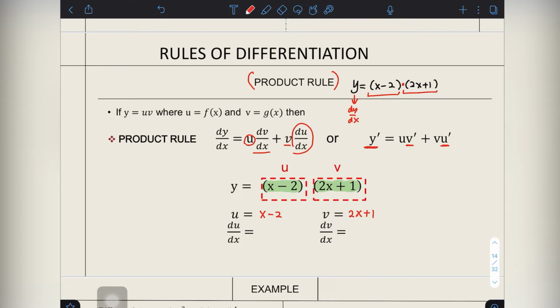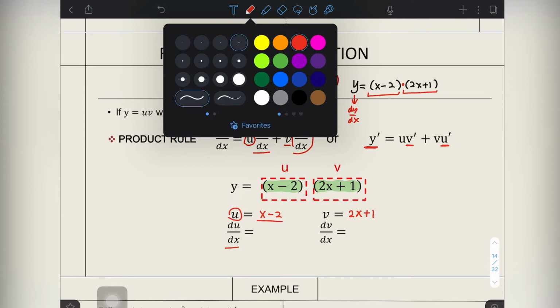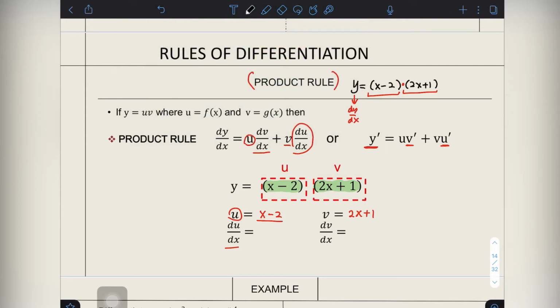To proceed to the next step, you need to differentiate your u in terms of x, therefore you will get du/dx. Do the process of differentiation as before, using the basic technique of differentiation. You need to bring down the power. You cannot see the power of x, which means the power is 1.